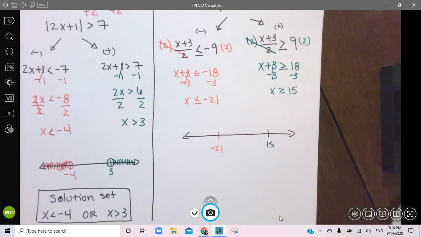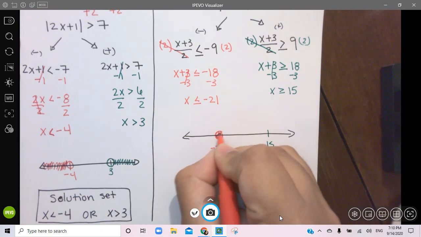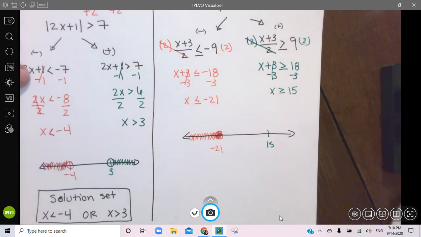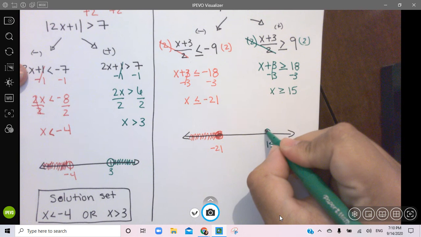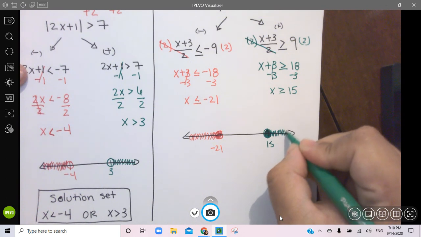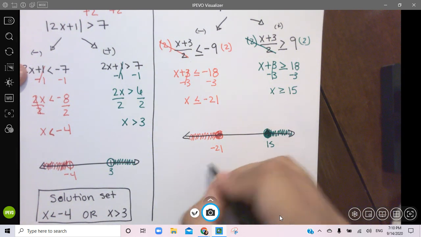Okay, my negative is less than or equal to, so that tells me I'm going to have a closed circle, and I'm going to shade to the left. Okay, with my 15 greater than or equal to, so again, I'm going to have a closed circle, and I'm going to shade everything to my right. So if I look at my graph, it really does look like a disjunction.